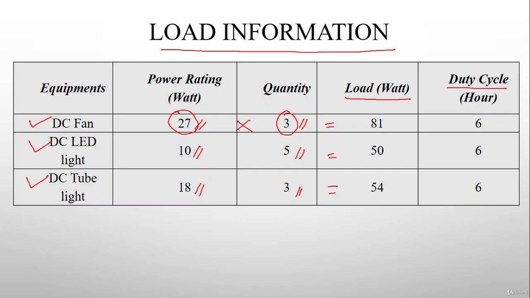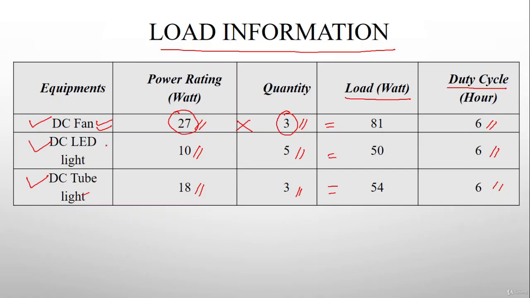It means how many hours the consumer is using each DC equipment, that is, how many hours it is in working condition. That part in terms of hours has to be mentioned here. So it is 6, 6 and 6 hours that the consumer is using the corresponding equipment.